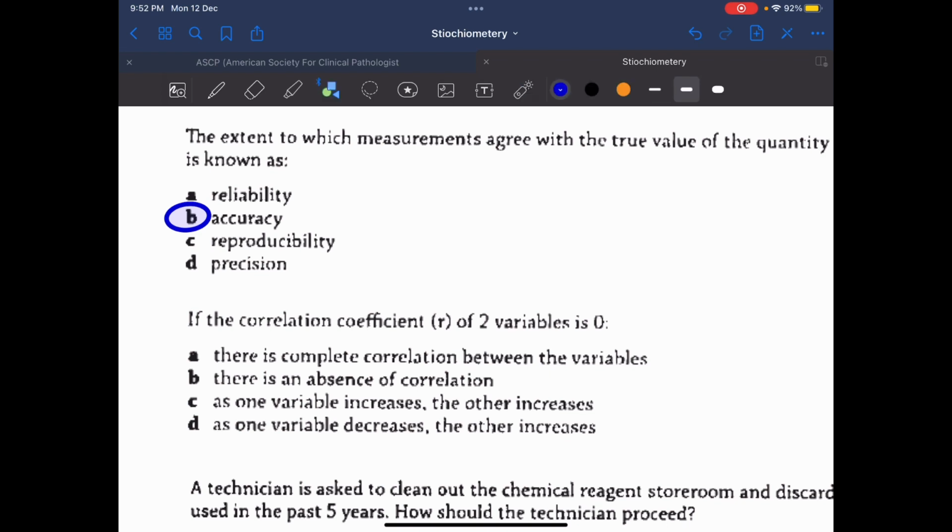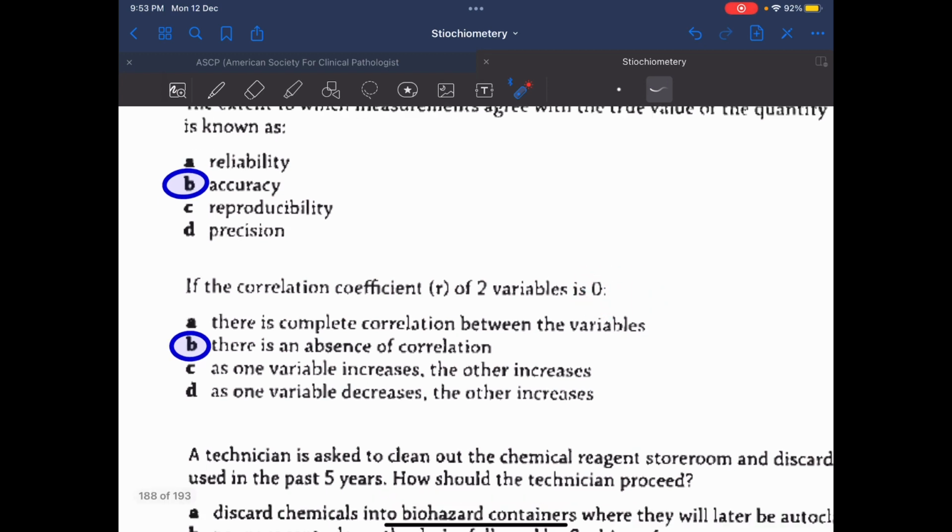The correct answer is B. There is an absence of correlation. A good correlation should be either +1 or -1 or in between, but 0 is no correlation at all between the two variables.